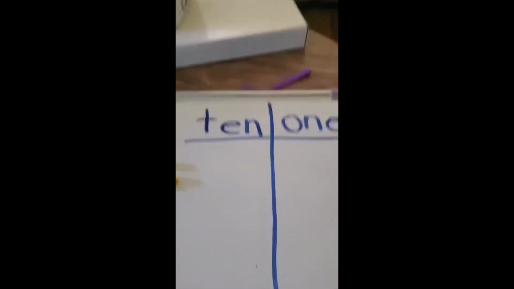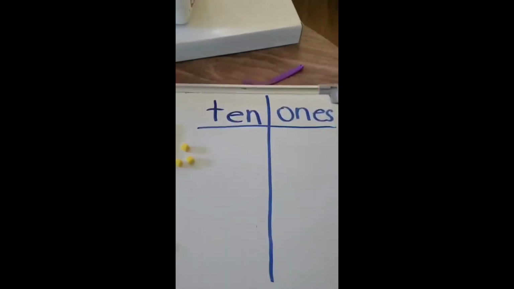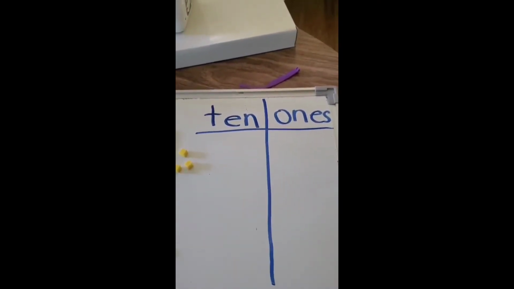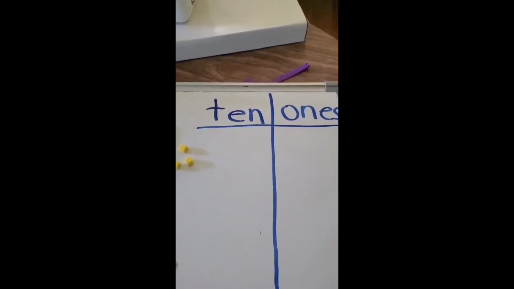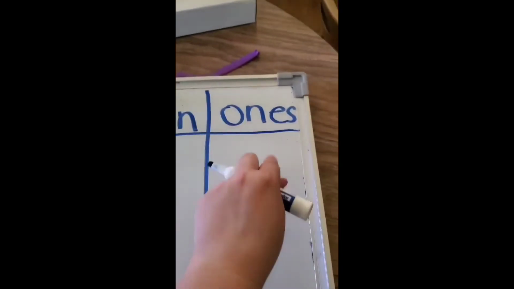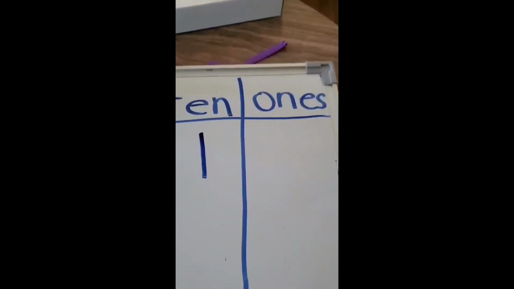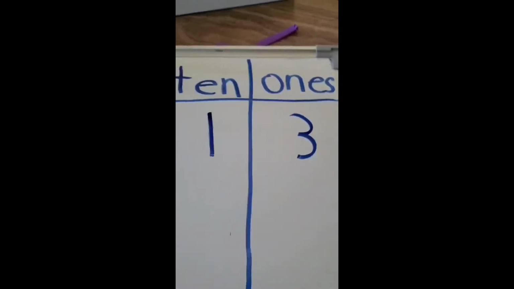So when I write this, you see how I have tens and ones? What number in the number 13 should be put right here in the tens column? You're right, number 1. And what number should go in the ones column? You're right, the 3.